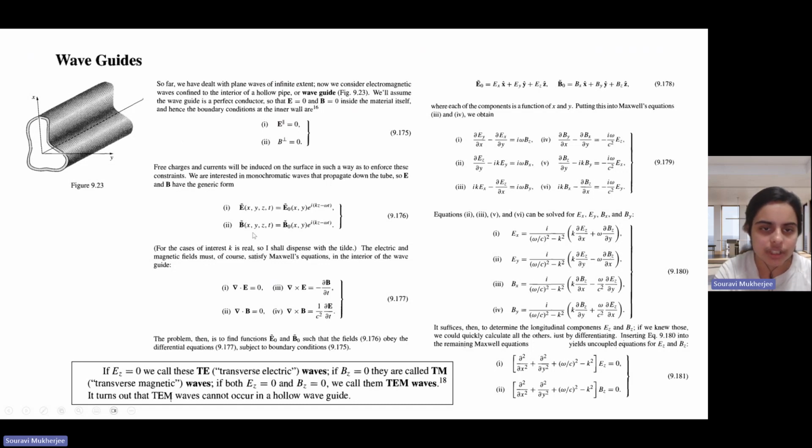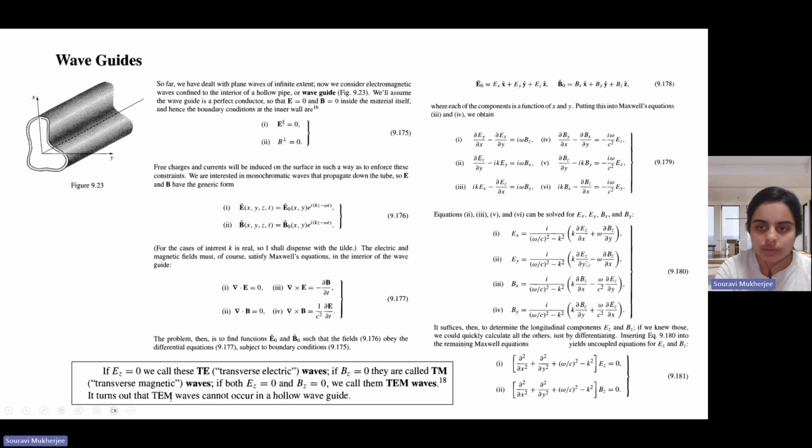If you consider a general form of electric and magnetic field, with components in X, Y, and Z directions, and apply Maxwell's relations, you get something like this. And from here, you can write Ex, Ey, Bx, By in terms of Ez and Bz.